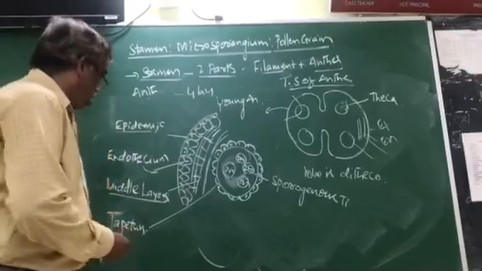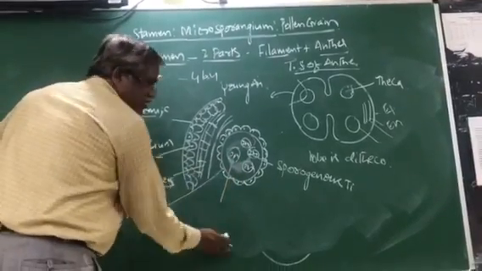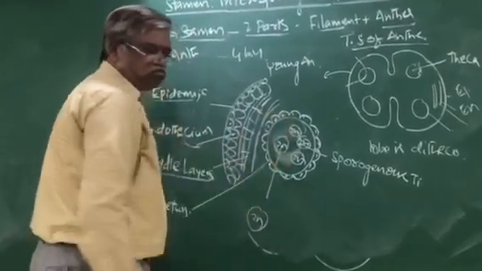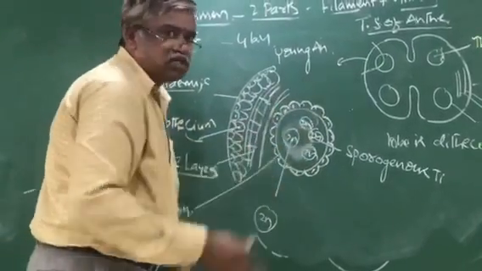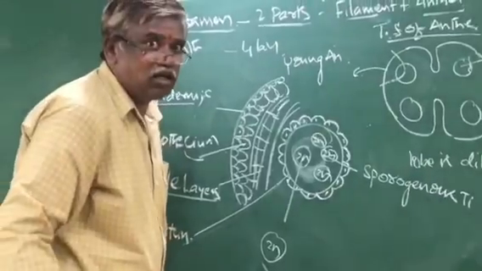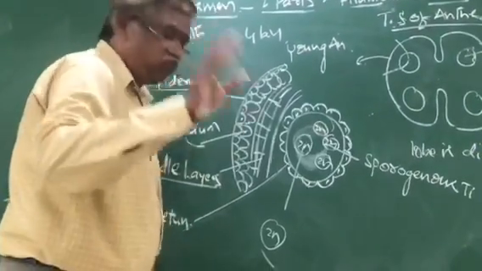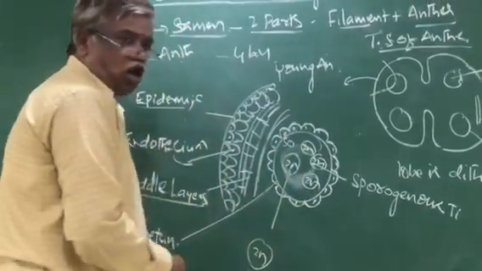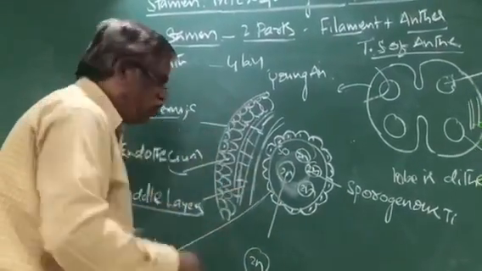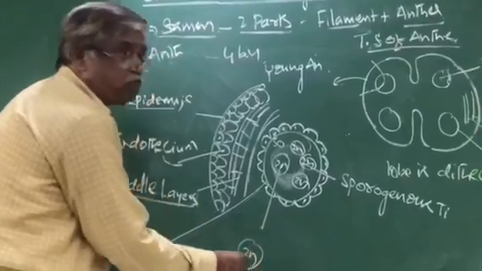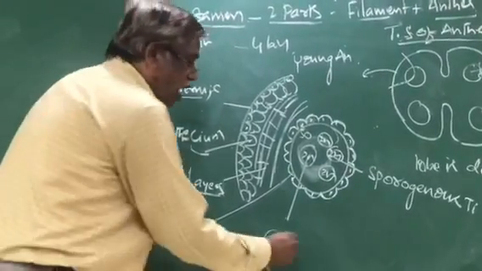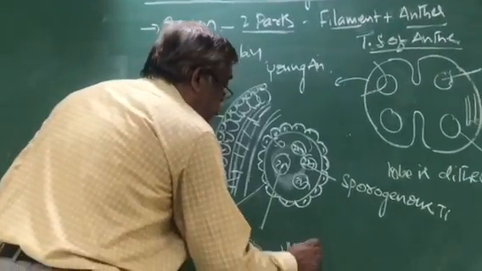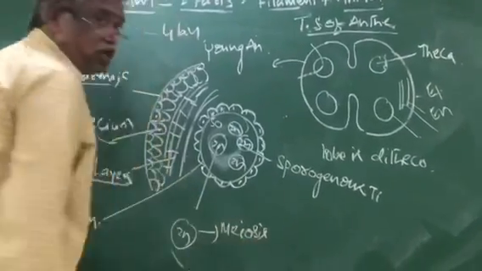Now, what is the function of these sporogenous cells? What is their number? We can't say. Some thousands are there. We cannot count. Suppose maybe 50. Among these 50, each and every diploid sporogenous cell undergoes meiosis, not mitosis, meiosis.